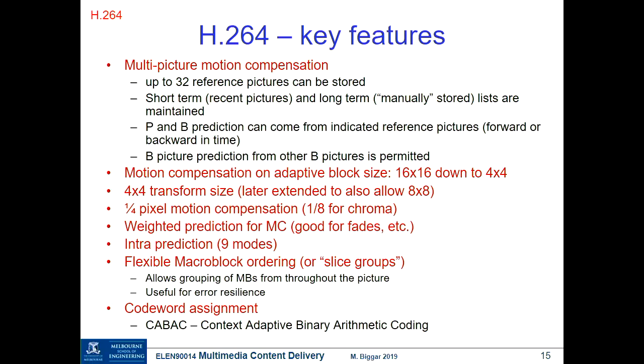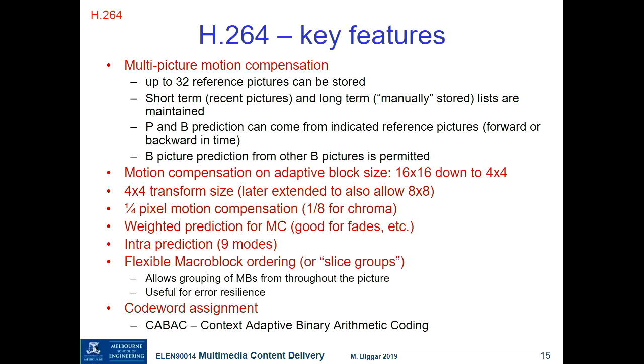Remember I talked about the fade problem that emerged from MPEG-2. No one had tested fades, and motion compensation basically didn't work. So they allowed for the possibility of using a motion vector and then just scaling the prediction to allow you to predict fades. The intra prediction we'll talk about in a separate slide, so I won't confuse you by trying to introduce it without the graphics.